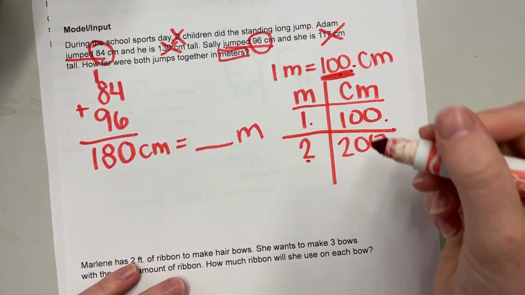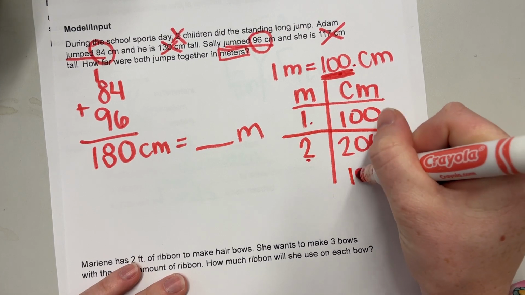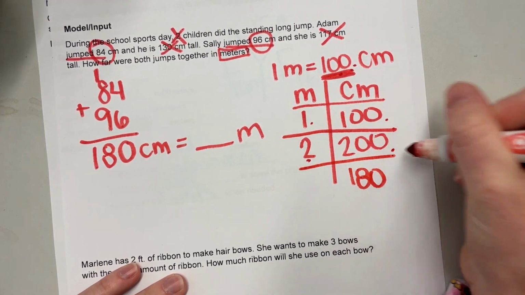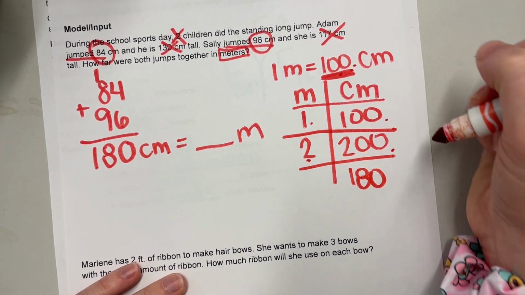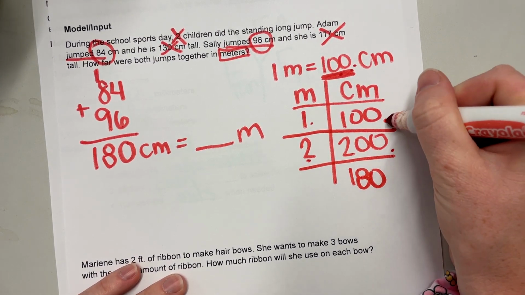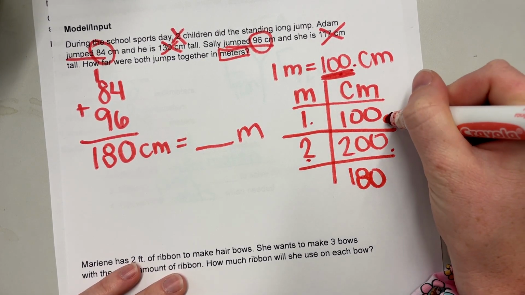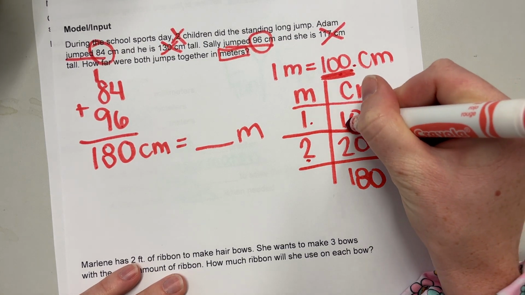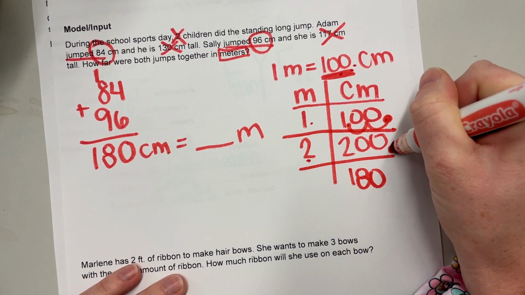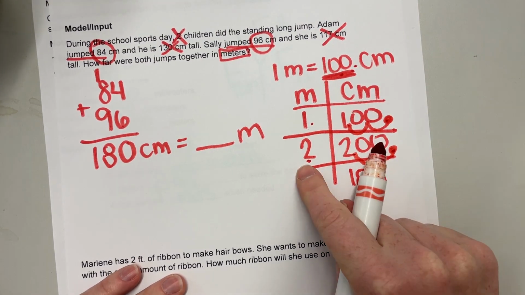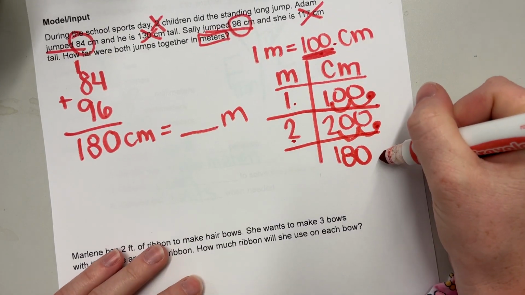So if I'm going to do 1 here, and I'm going to have 180, and I'm going to divide that by 100. If I divide, notice that there's a decimal here, and I'm moving it over 2 places to make it 1. Again, here, I would move it 2 places to make it 2. So I'm going to do that same trick here.